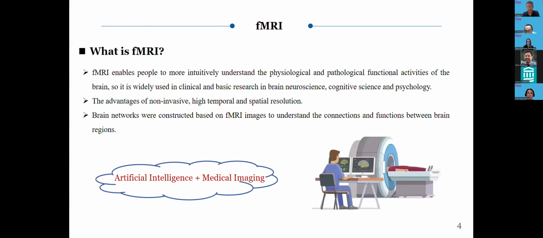The development of medical imaging has provided new ideas for the diagnosis of ASD. Among them, fMRI is non-invasive and can objectively present the state of the brain. It has high spatial and temporal resolution. Our method is constructed based on fMRI.